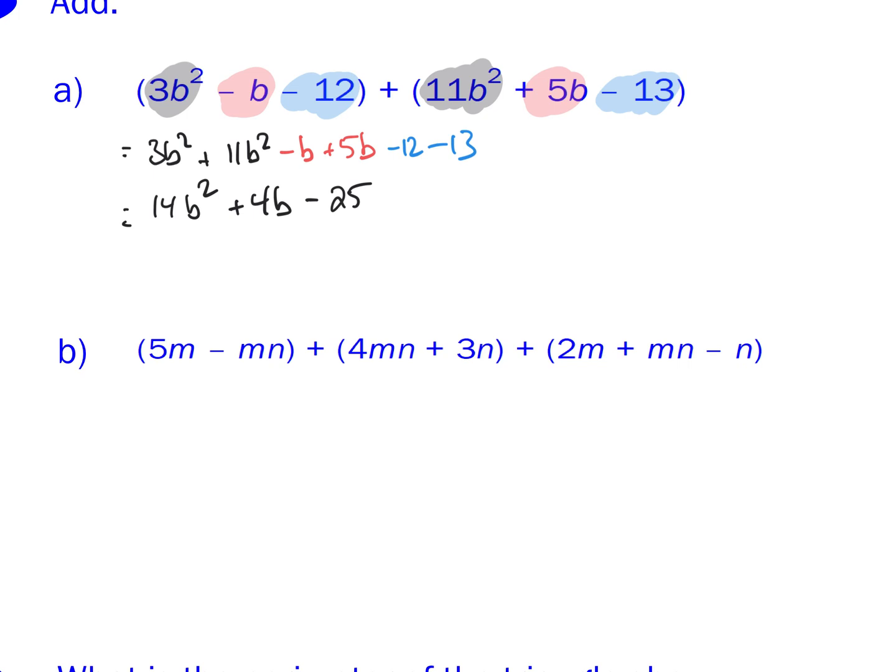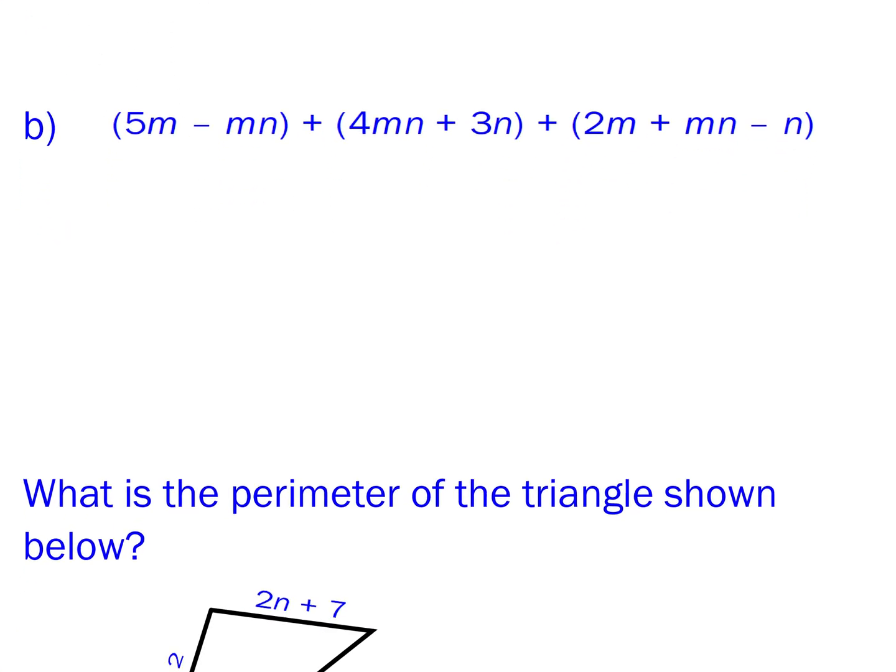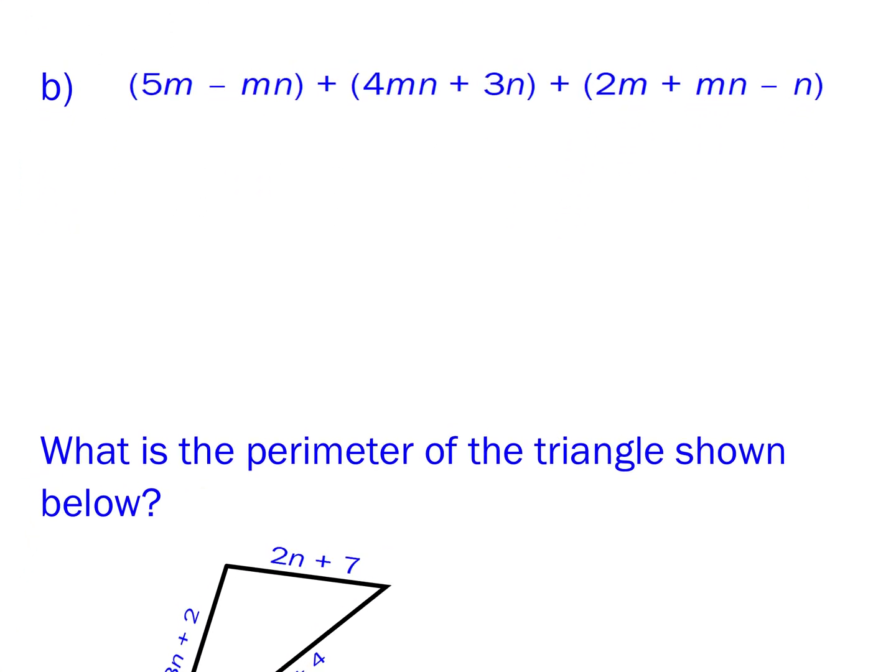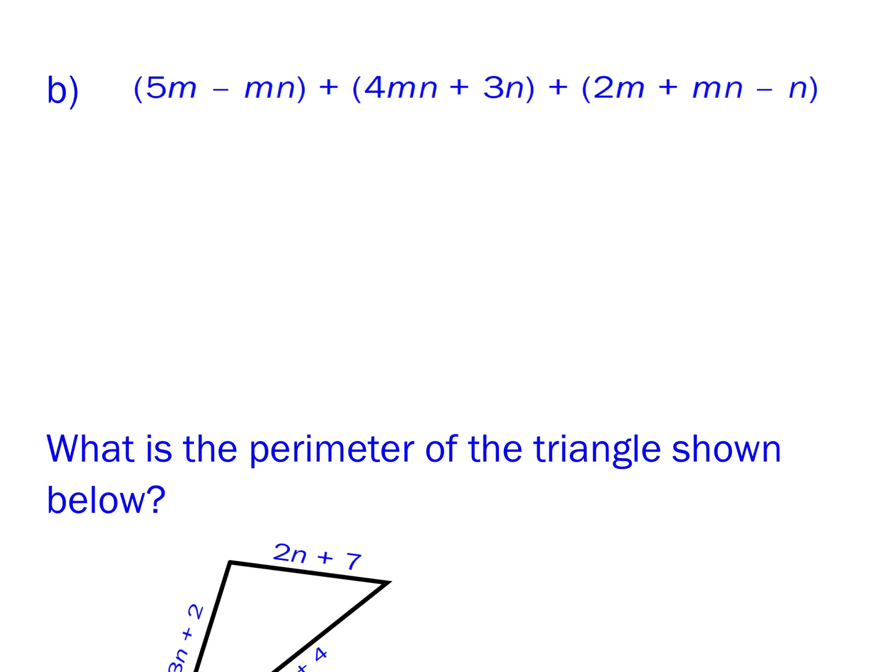Great. So here we've got 3 polynomials. Let's start off with 5m. Where's a like term for 5m? 2m. Okay, there's a like term. Then we've got negative mn.